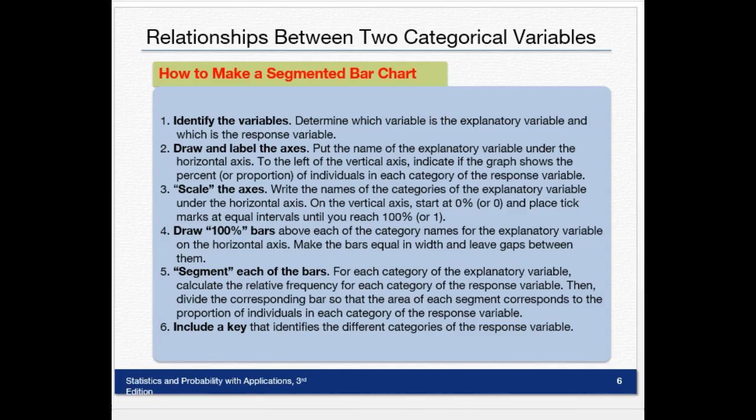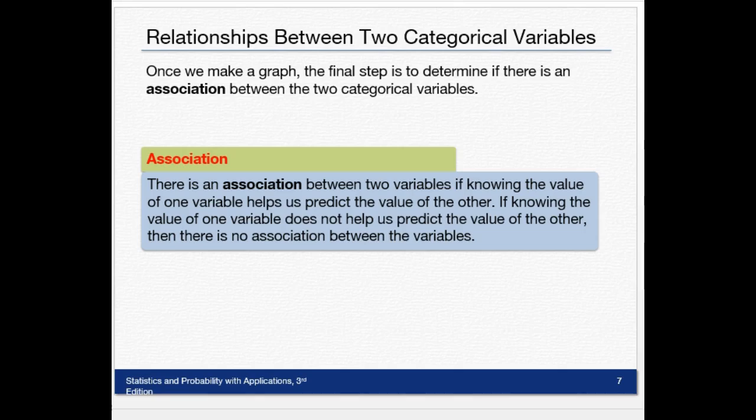Okay, that's just find the percentage of each. I'll show you that. Then divide the corresponding bar so that the area of each segment corresponds to the proportion of individuals in each category of the response variable. Include a key that identifies the different categories of the response. All right, a lot of words. Let's try this out.